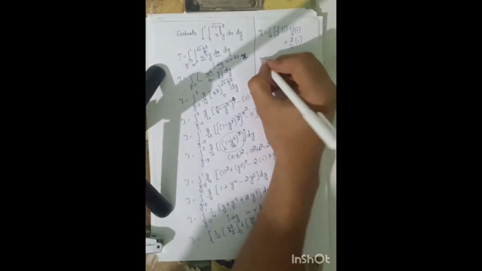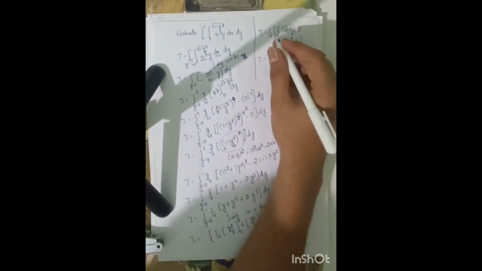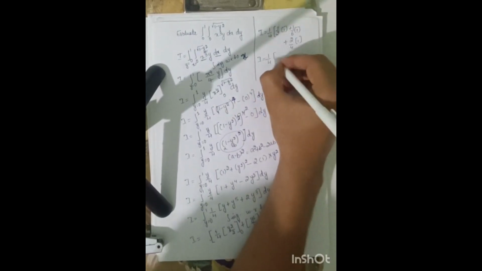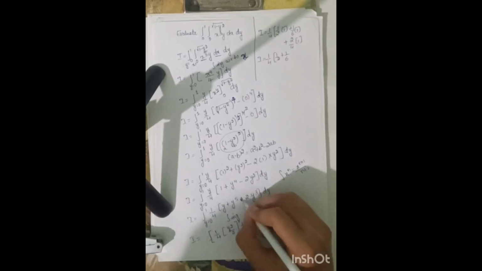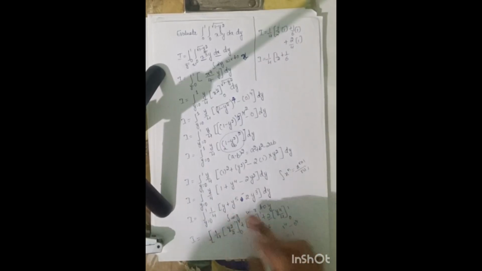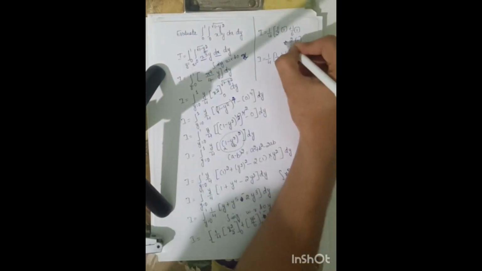Okay, next I is equal to 1 by 4 as it is, so 1 by 2 plus 1 by 6, sorry, it is minus 2 by 4, so it will also get minus.